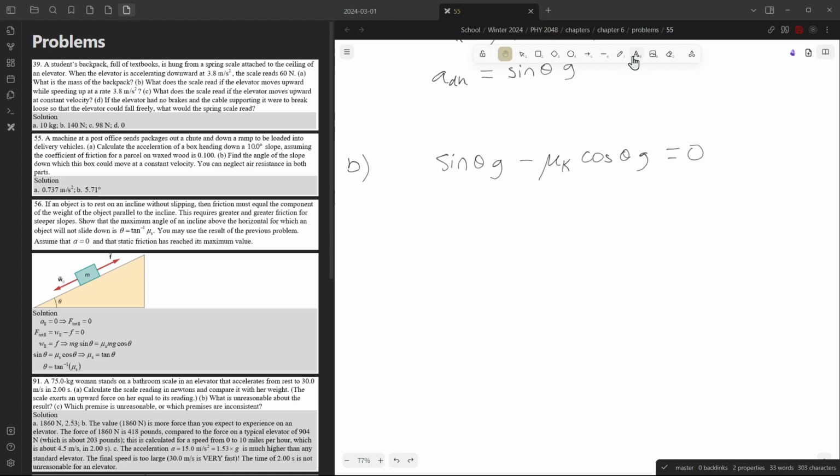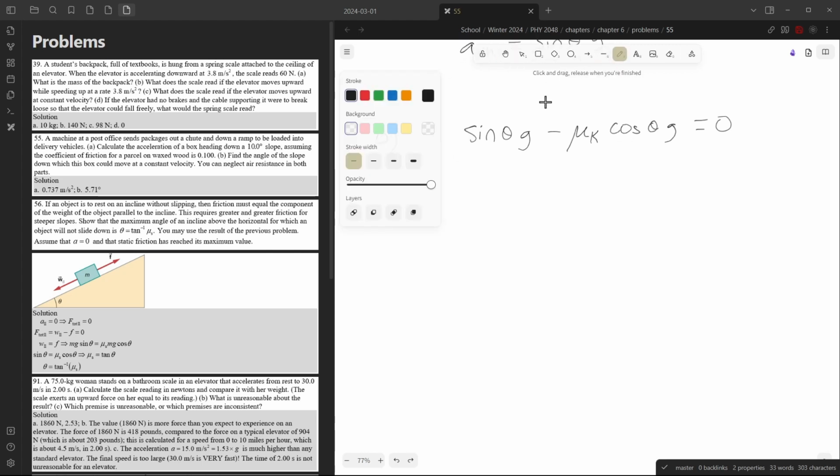We can take out a g and divide both sides by g, so the g's simply cancel out of the equation. Then we can move a sine theta over, so coefficient of friction times cosine theta equals sine theta.